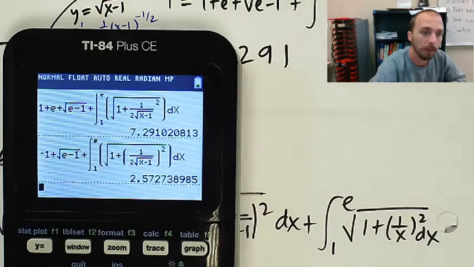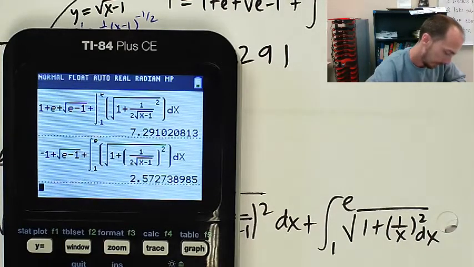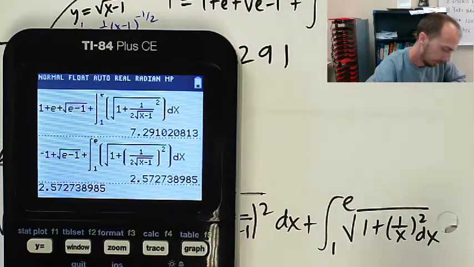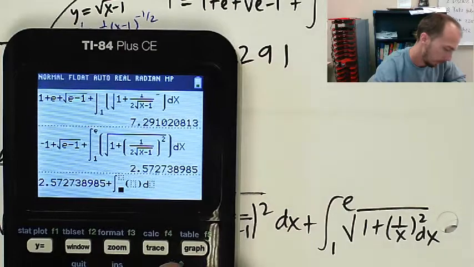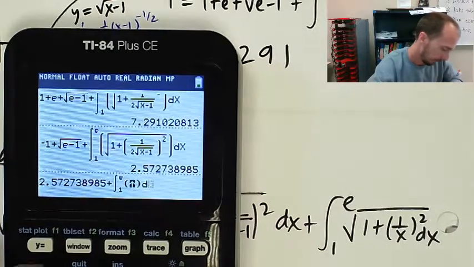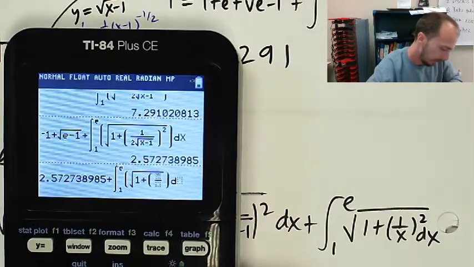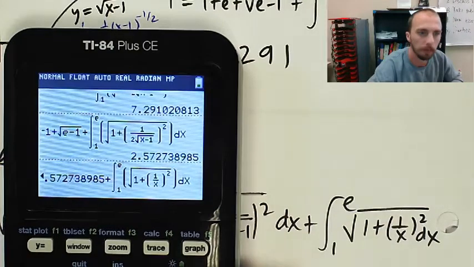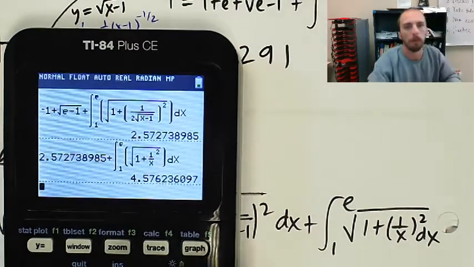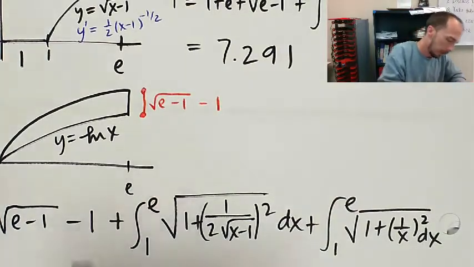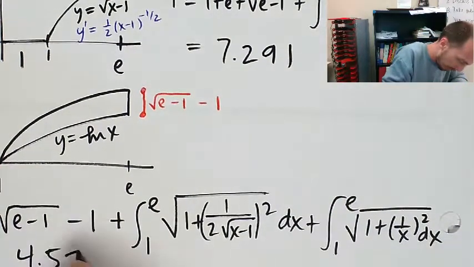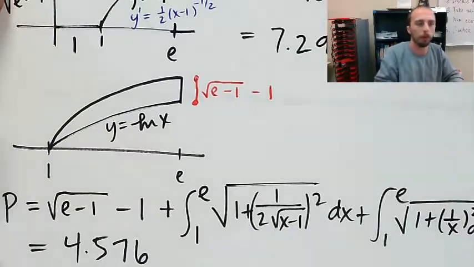There we go, 2.573. And so I'm going to take plus math 9, 1 to e of the square root of 1 plus, let's see, dy dx was 1 over x, square it, dx. I get 4.576. And that's going to be the perimeter of region B.